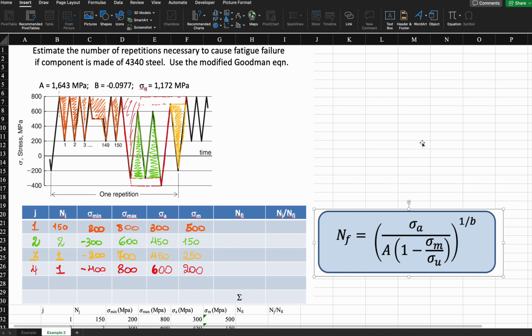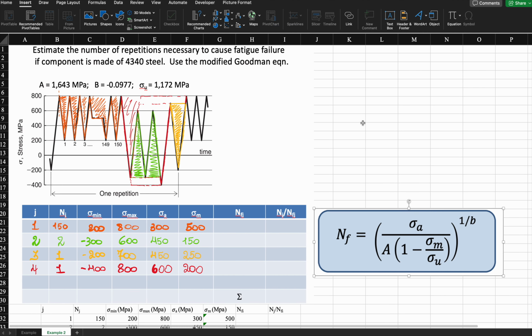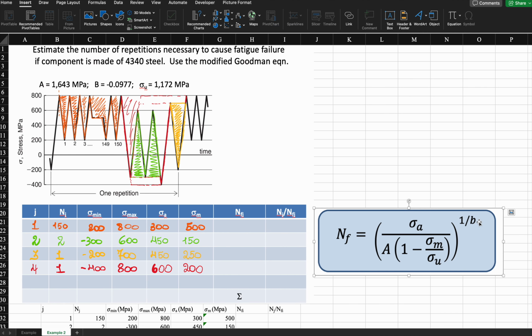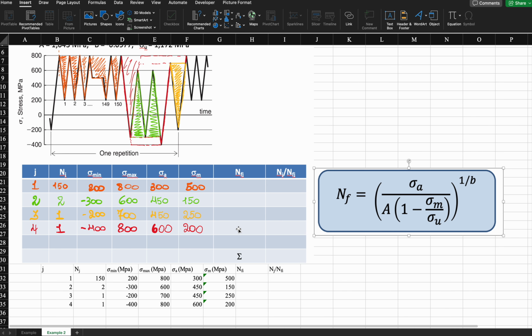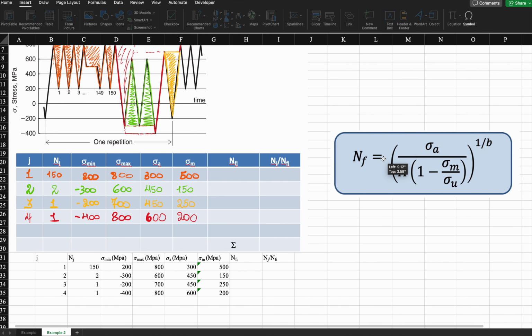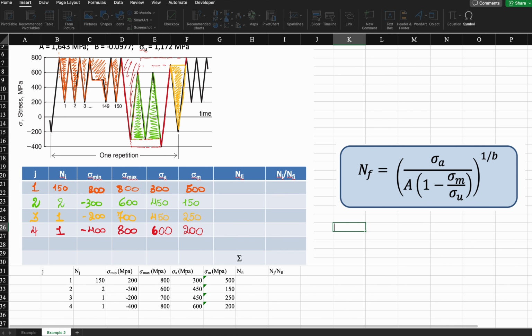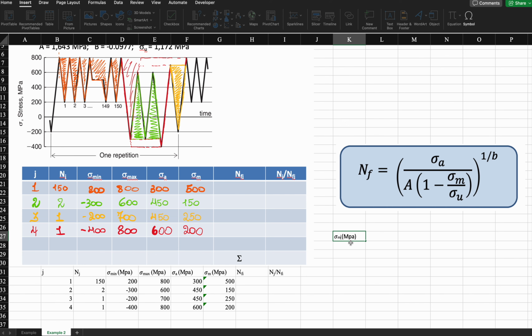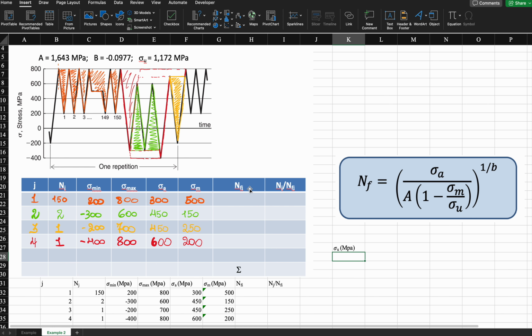I need the ultimate stress. And they were so nice that they gave it to me. They also gave me a B. Don't mind the fact that it's capitalized and small, that they're the same. And then an A. So I don't really have to look at a table of material properties. I can just start coding these values in. So let me do that real quick. I'm going to take this one and put it over here, but then I'm going to say that this is sigma U, the ultimate strength, 1172.